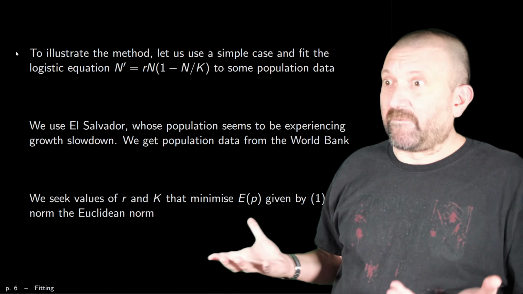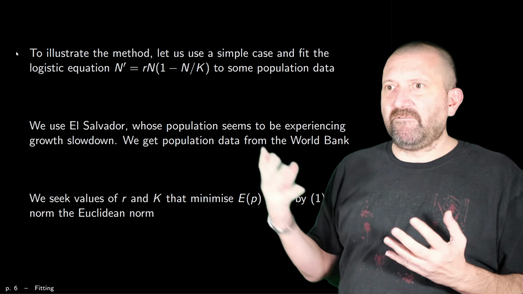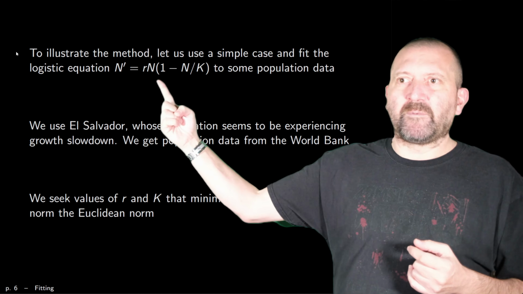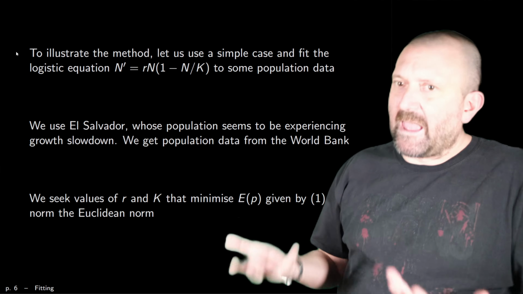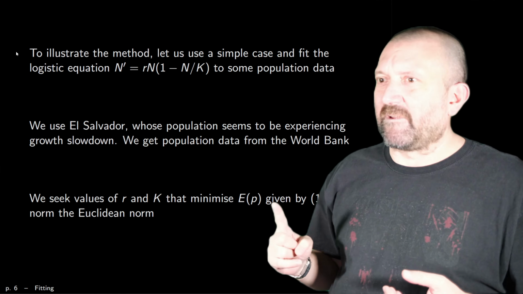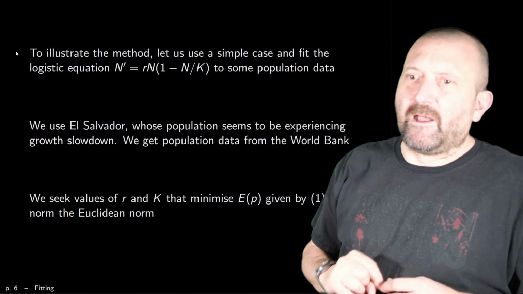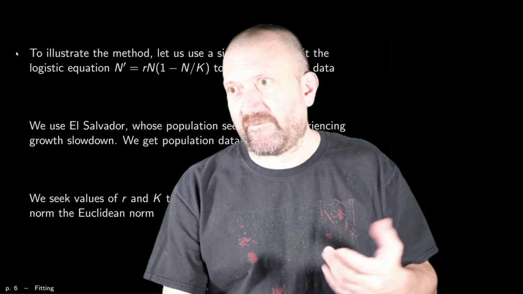What I'm going to want to do here is to find the values of the model parameters r and K that minimize an error, where that error is computed using that formula from before, and I'm going to use the Euclidean norm, of course, for simplicity.